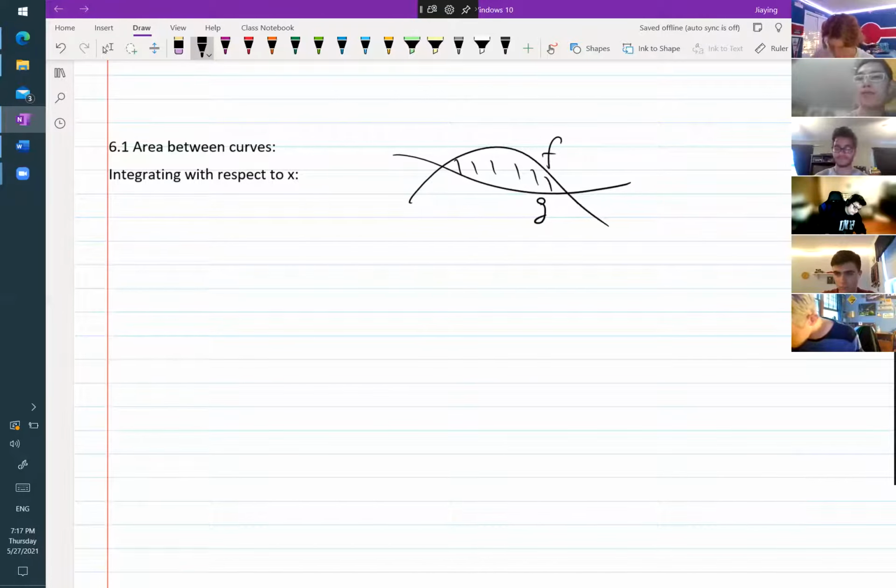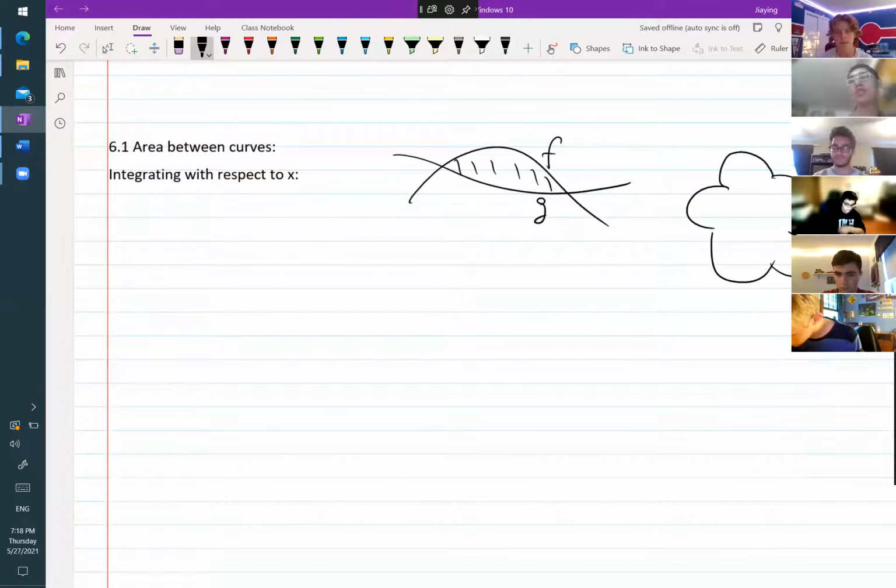So for example, let's just say I have a flower. Not the prettiest flower, but I want to know the area of this shape. Basic geometry doesn't help you because the boundaries are not rigid lines.